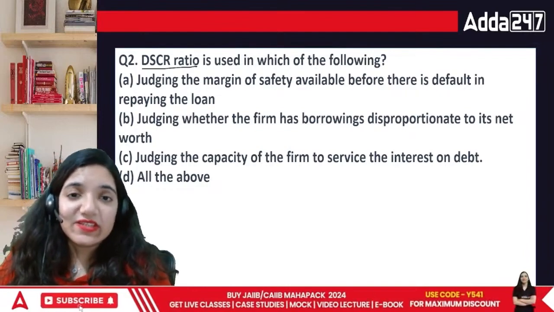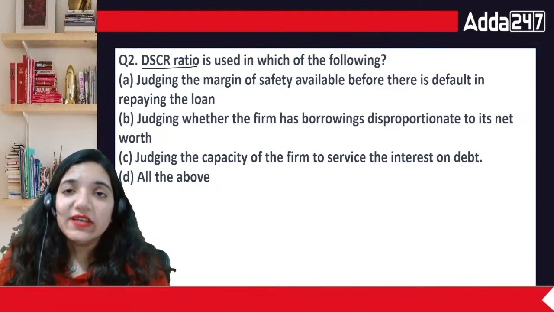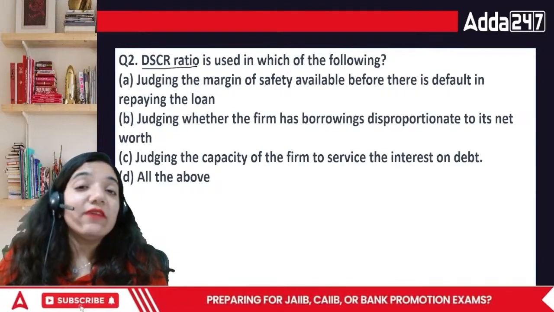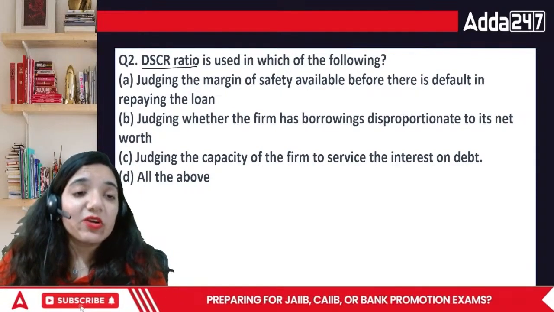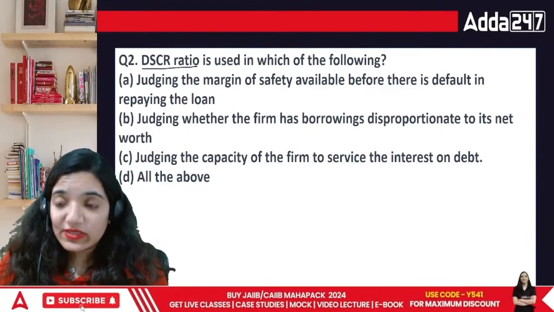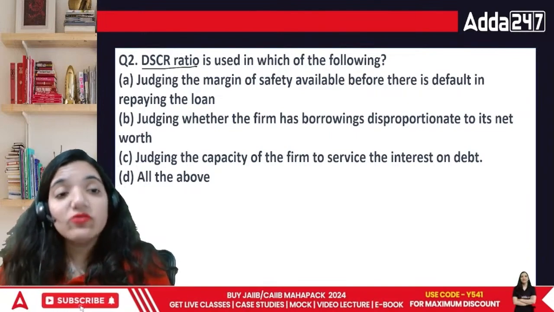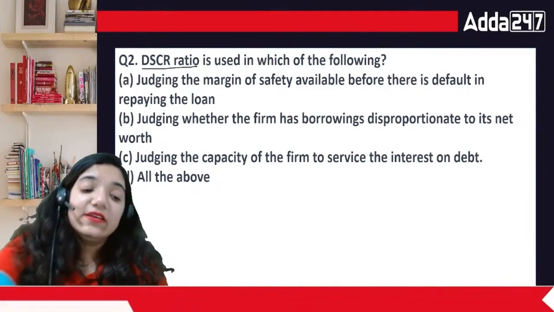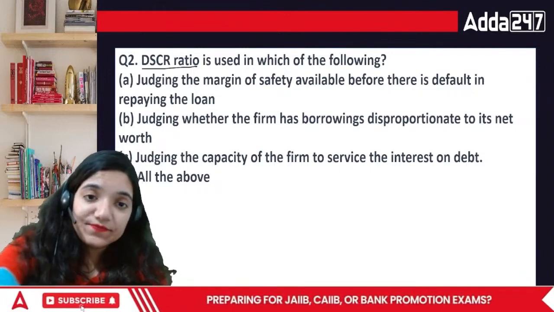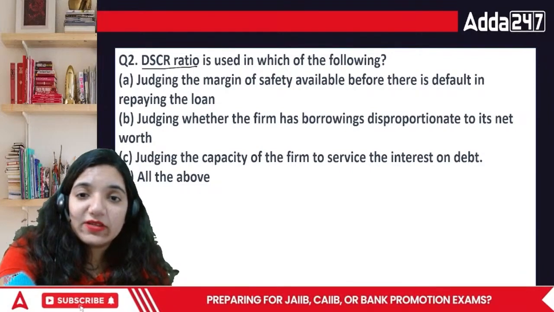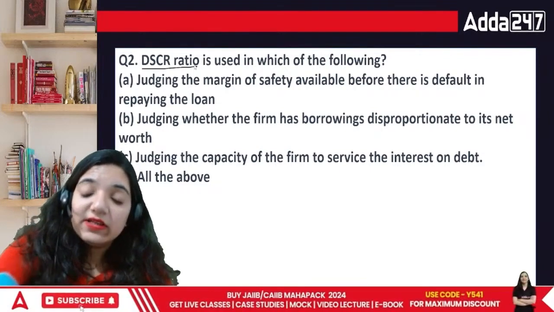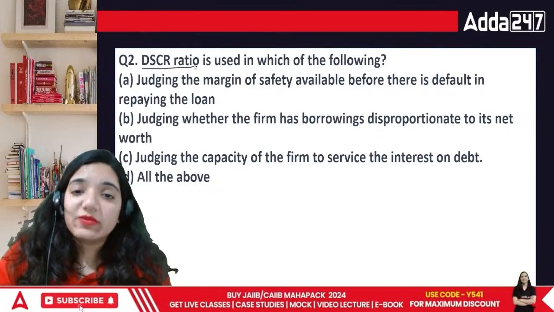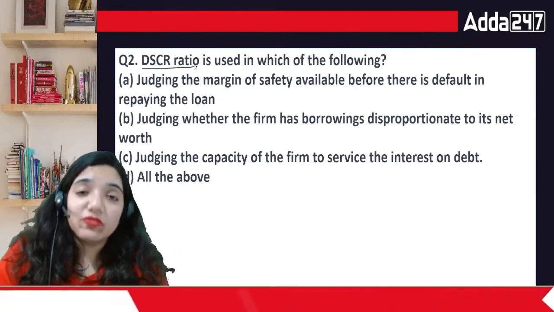Why do I say this? Because when we talk about the debt service ratio, it asks the person, do you have the capacity from your profit to pay off your debts as well as your interest? If you can, then only I'll say you should be taking loans. This particular ratio talks about the ability of someone to repay the loan or not.